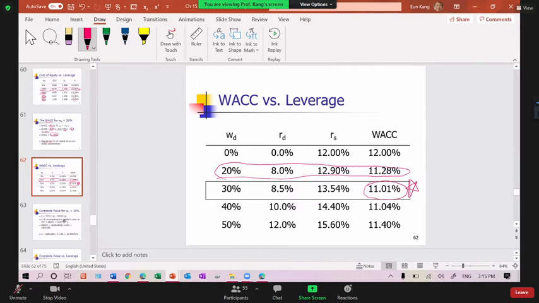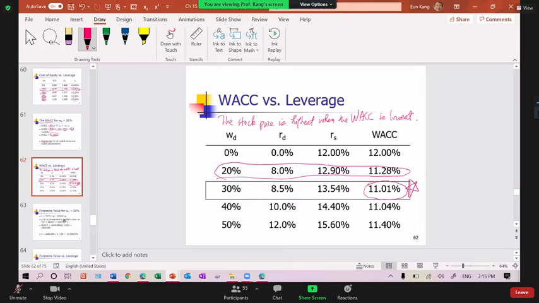So again, the stock price is highest when the WACC is lowest.